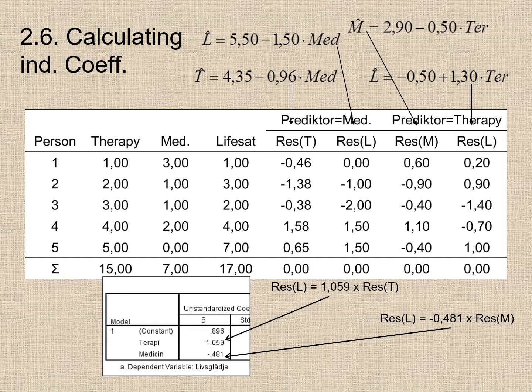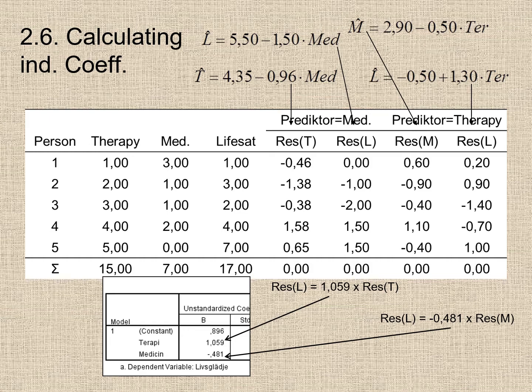What do those values stand for? It stands for the amount of therapy that people receive that cannot be explained by how much medicine they eat. Right? Residuals cannot be explained.